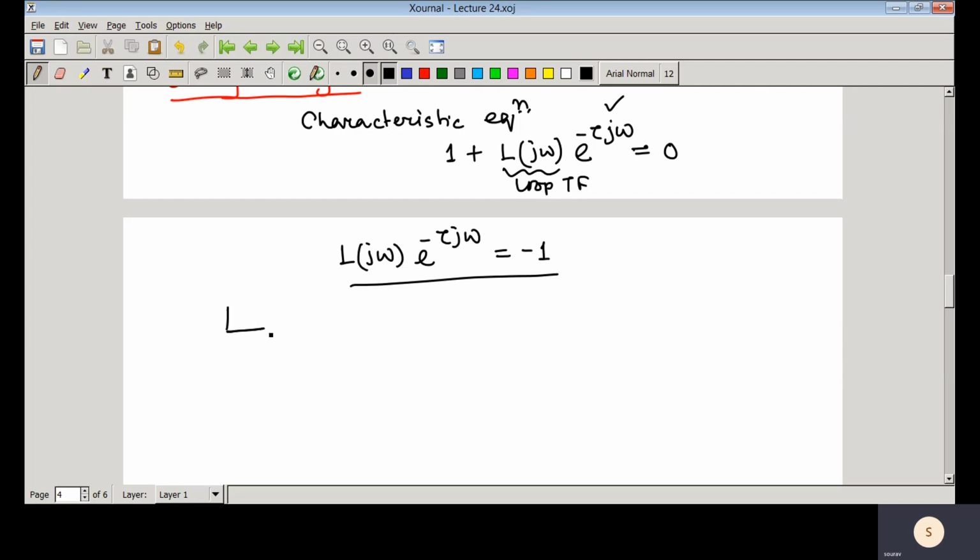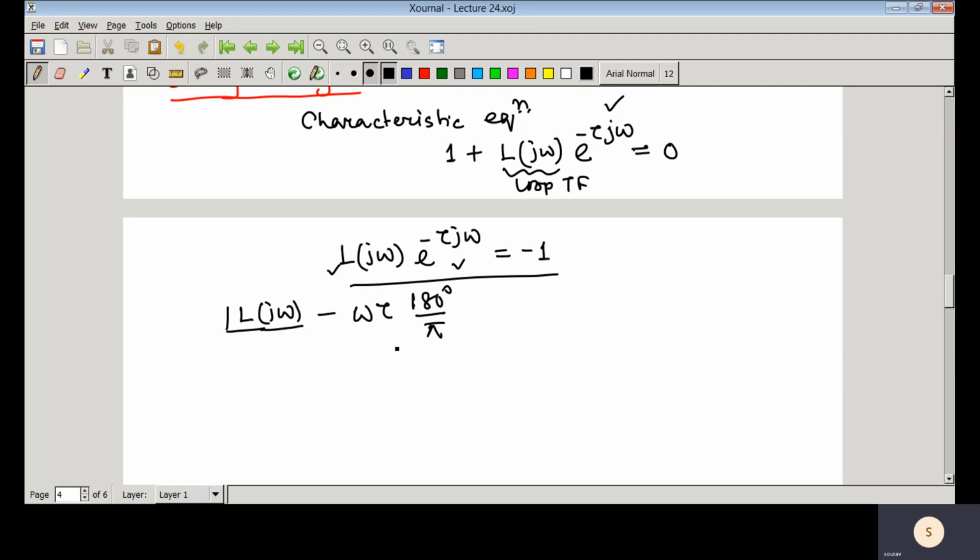Then the phase is the phase of L j omega, minus, for this one, that phase contribution we have seen is minus omega tau, and omega tau is in radian. If we want to write it in degree, that would be times 180 degree by pi.